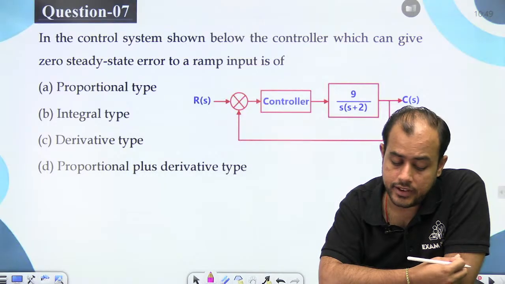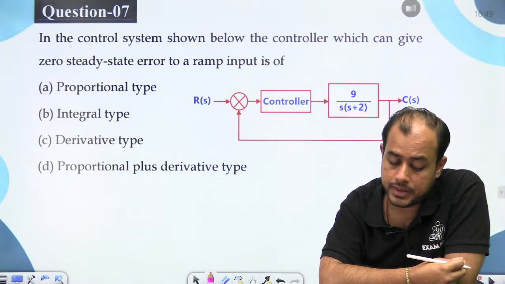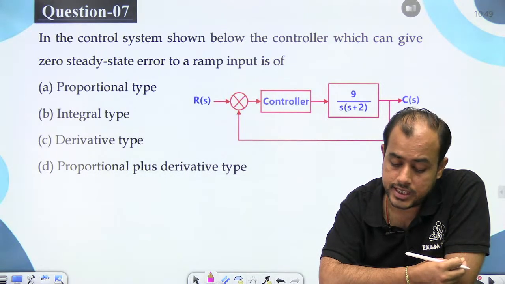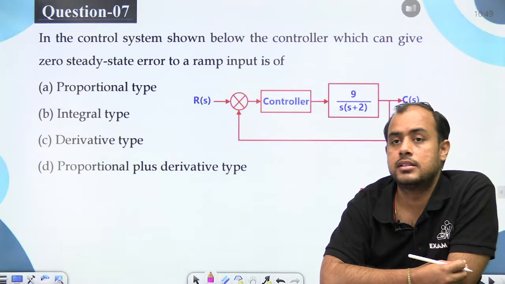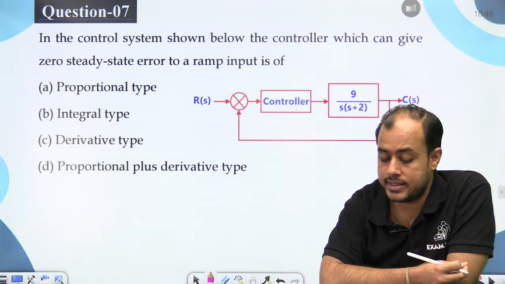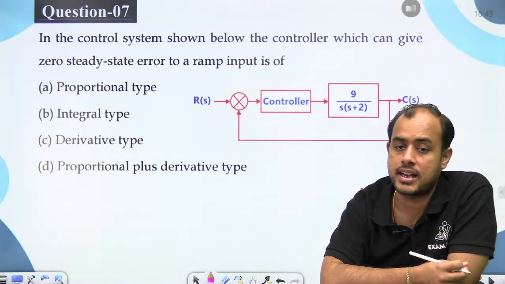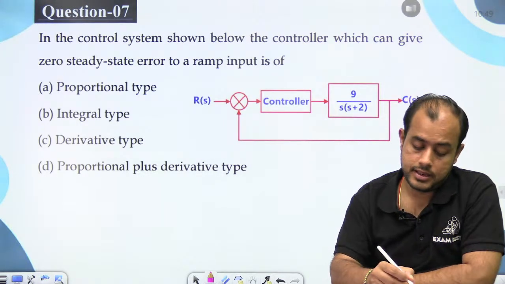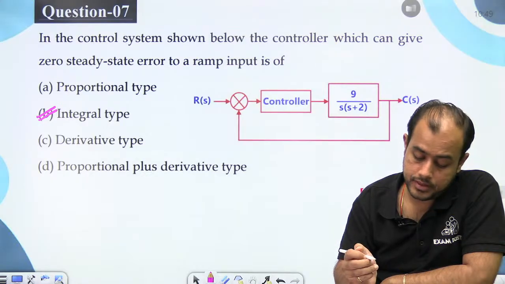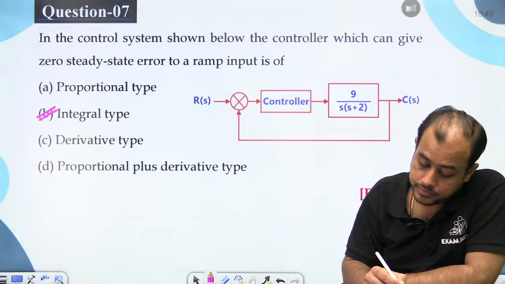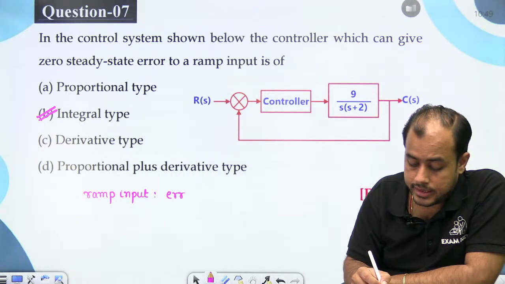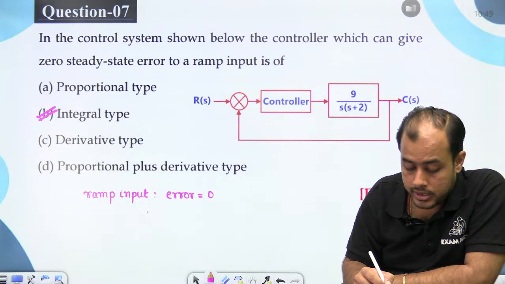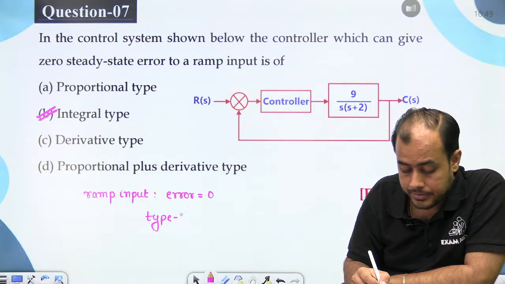ESE 2011, in the control system, the controller which can give zero steady state error to a ramp input is? रैम्प इनपुट के लिए जीरो स्टेडी स्टेट एरर चाहिए। कैसा कंट्रोलर लगाएंगे? इंटीग्रल टाइप। ओके, because for ramp input error is 0 for type 2 or higher.